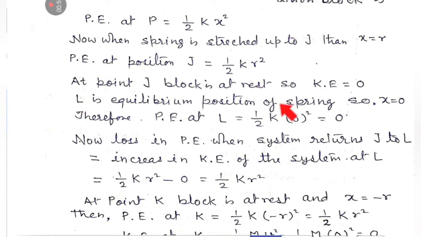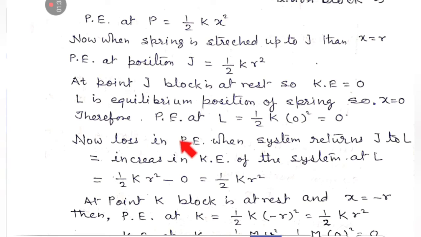L is the equilibrium position of the spring, so x is equal to 0. Therefore potential energy at L is equal to half k x square, where x is 0, so 0 square. Thus potential energy at equilibrium position L is 0.